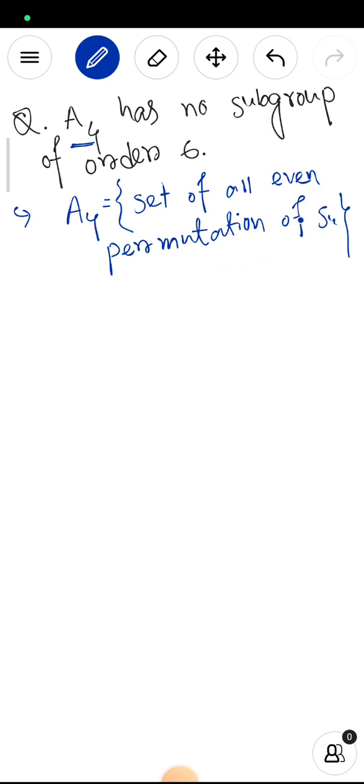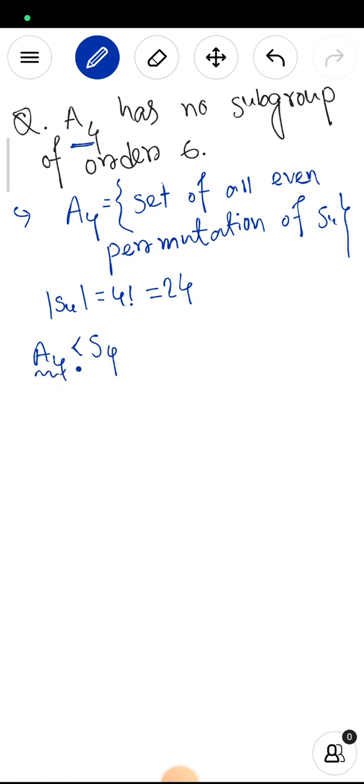S4 is a symmetric group with 4 symbols, and also we know that the order of S4 equals 4 factorial, that equals 24.